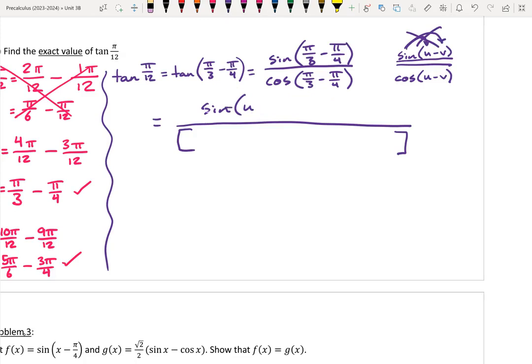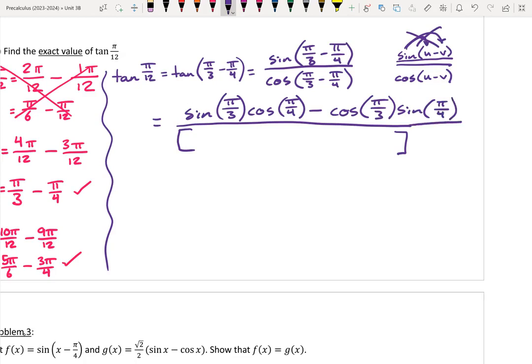So what is the whole formula for sine of u minus v? Well, we would start with sine of u, which is pi over 3, times what? Cosine of what? All right. And do I add or subtract on this one? Subtract, because it's sine. Minus, what's next? Cosine of pi over 3 times sine of pi over 4. So you have to use the full formula. You cannot just distribute.